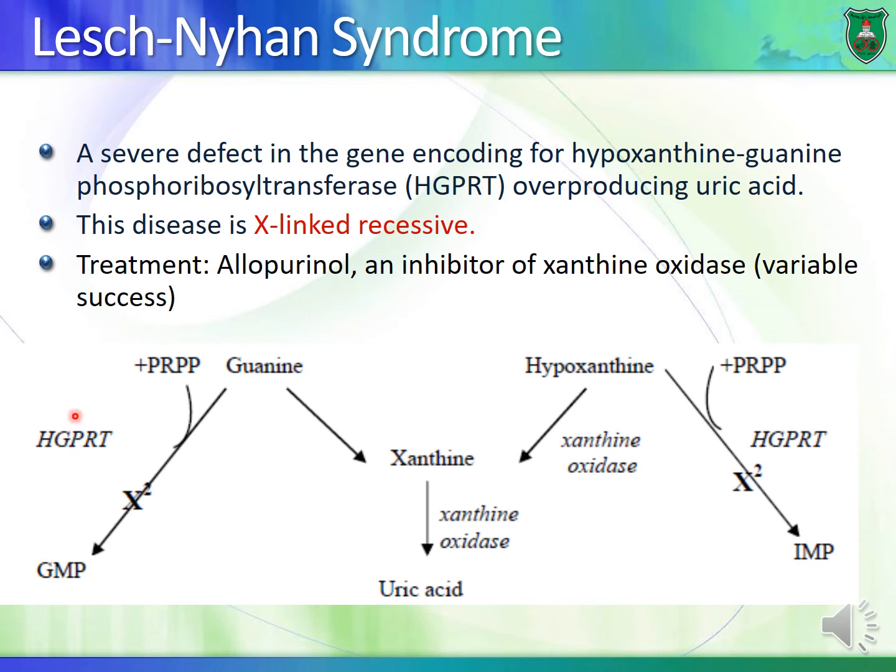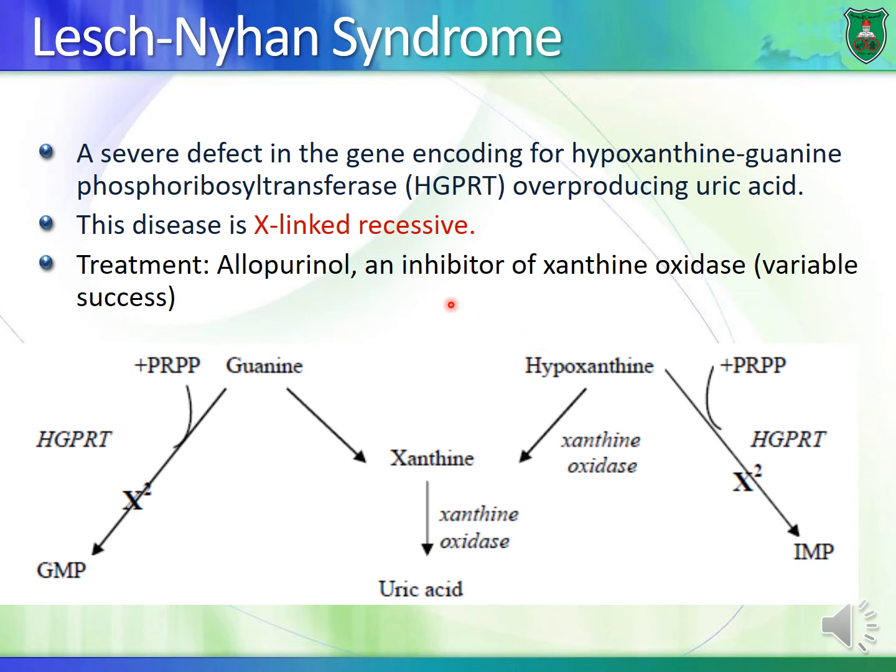Now, if this enzyme is defective, you would have accumulation of guanine and hypoxanthine, which would be converted eventually to uric acid. And uric acid can accumulate in joints, and it can be related to gout.